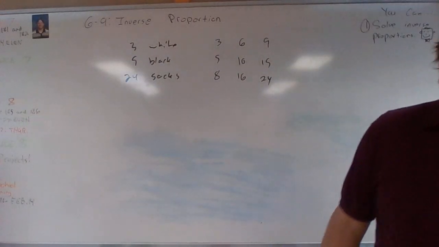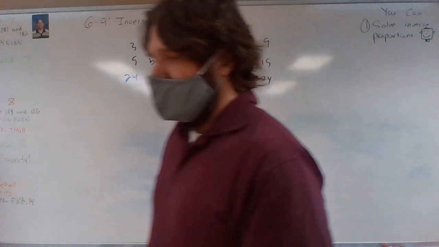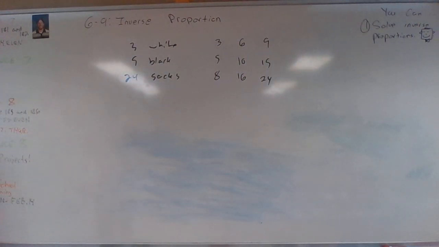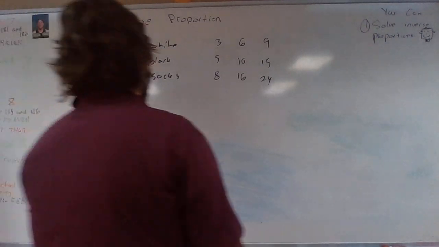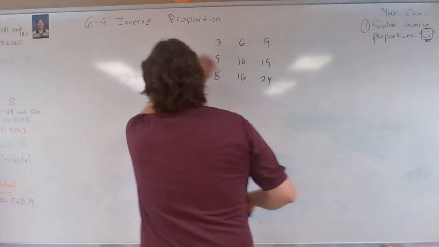So those are called direct proportions. When one item increases, the other item increases as well. Obviously, the total is increasing. We're increasing both sets of quantities, and the total, of course, needs to go up too. All right? So that's what direct proportions are.